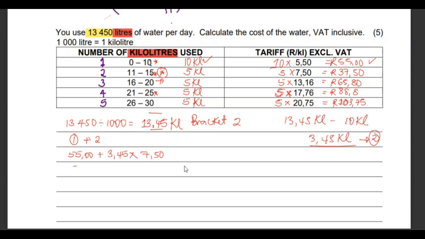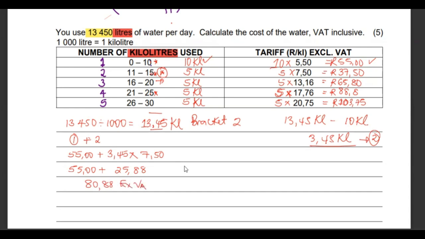So this becomes 55 plus, here we get 25,88. We add everything up, 55,00 plus 25,88. You end up having an answer as 80 rand 88 cents. This amount excludes VAT.